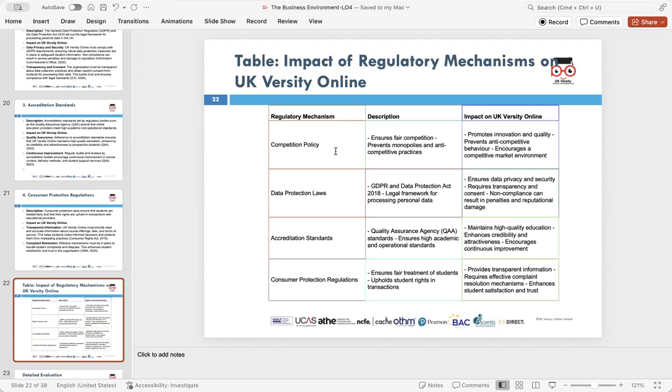Quality assurance: adherence to accreditation standards ensures that UK Varsity Online maintains high quality education, enhancing its credibility and attractiveness to prospective students. Meeting these standards signals a commitment to excellence, which can attract more students and boost the institution's reputation.